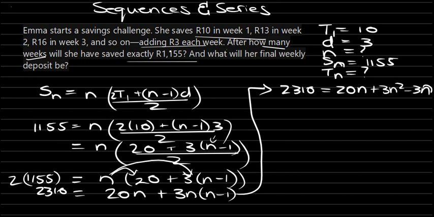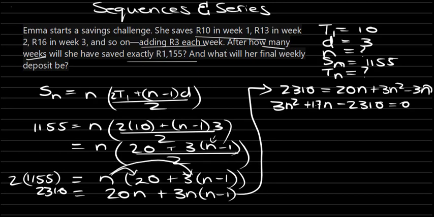So we write the 3n squared first. Then 20n minus 3n, that is plus 17n. And then we subtract 2310 on both sides. So this is minus 2310, and all of this equals 0.